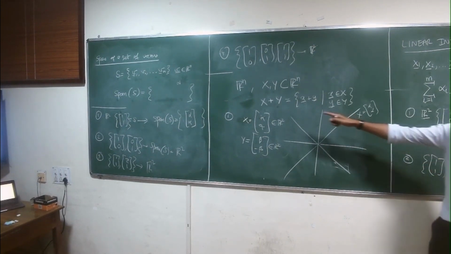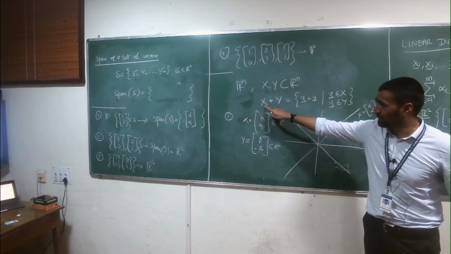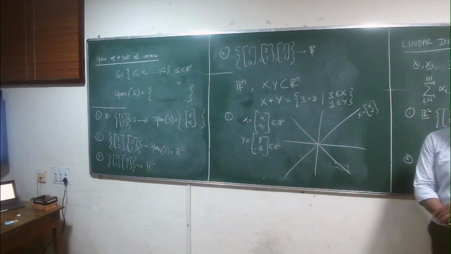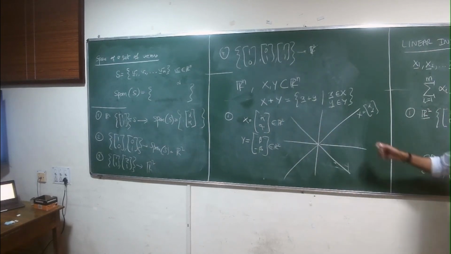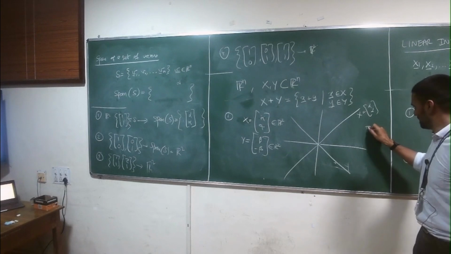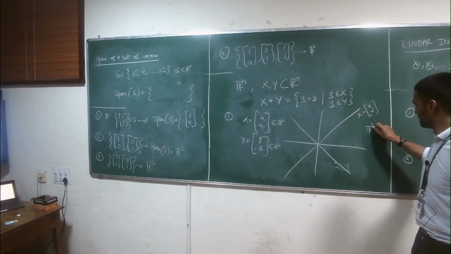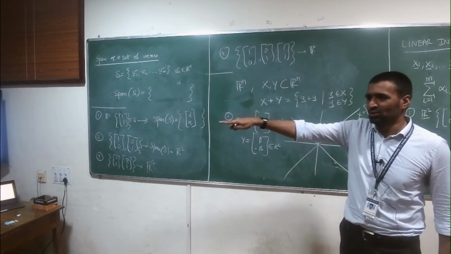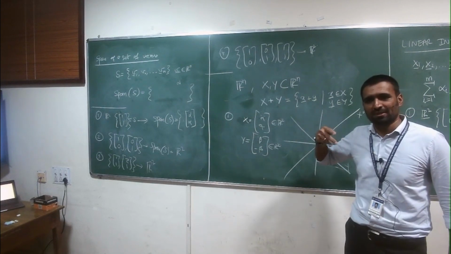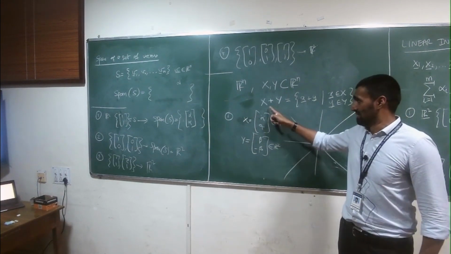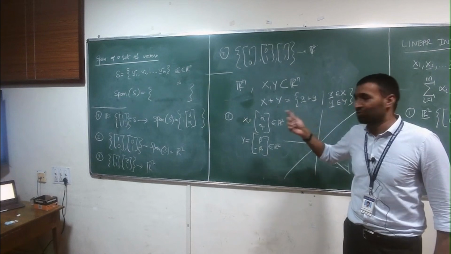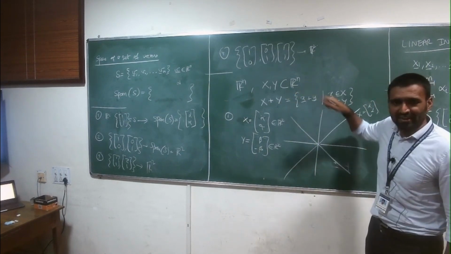What will I get by adding these two subspaces? I'll get all of R2, and R2 is a vector space. So you can show that if you take the sum of two subspaces, the resulting set is also a subspace of your original vector space Rn.